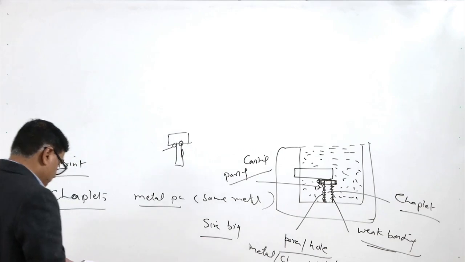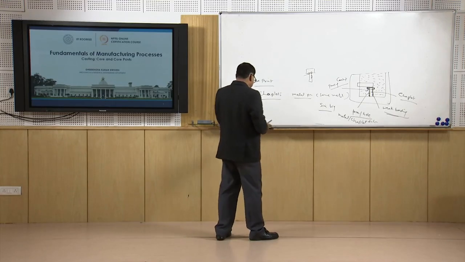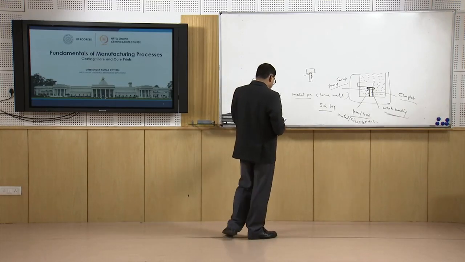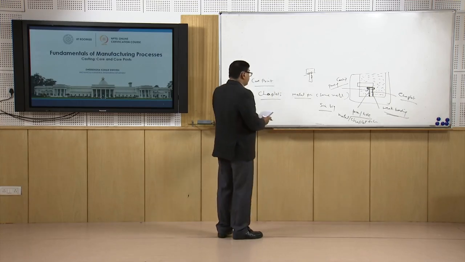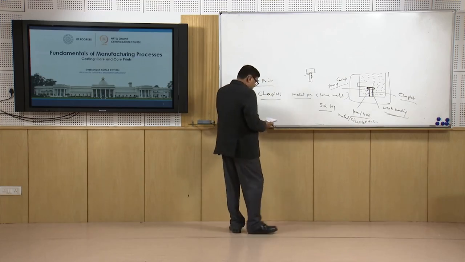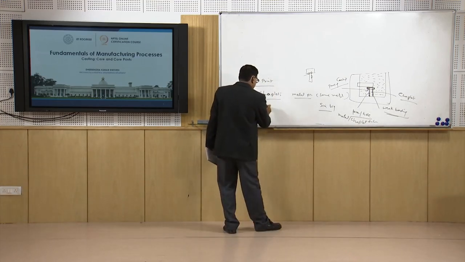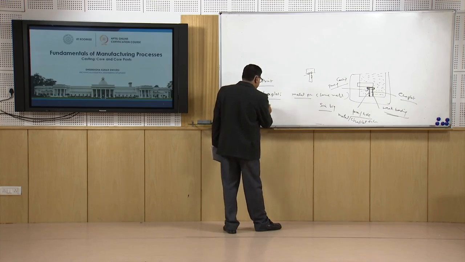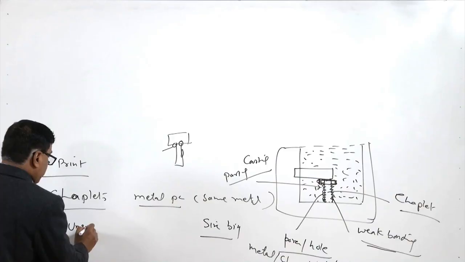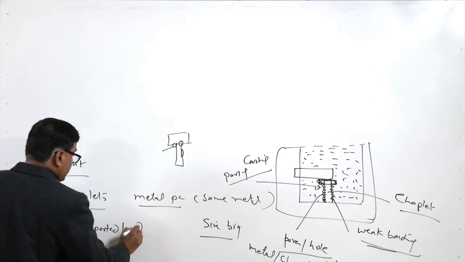So, how do we select the area of the chaplet? For that we use the same equation, if there is any unsupported load due to the improper size of the chaplet.